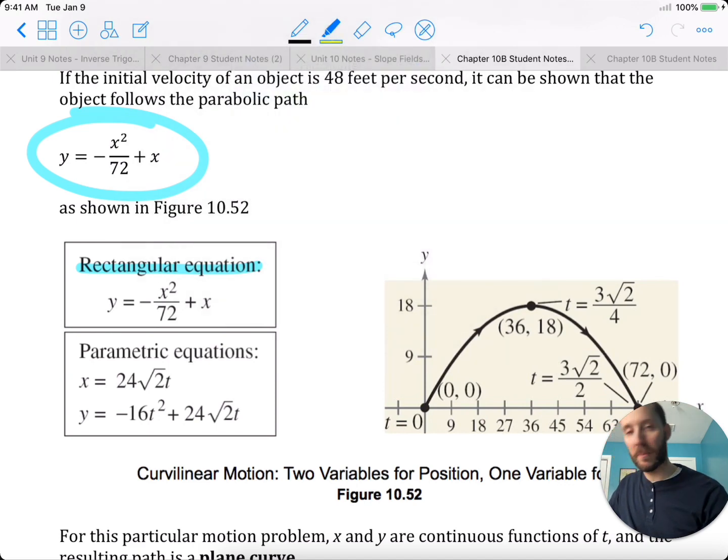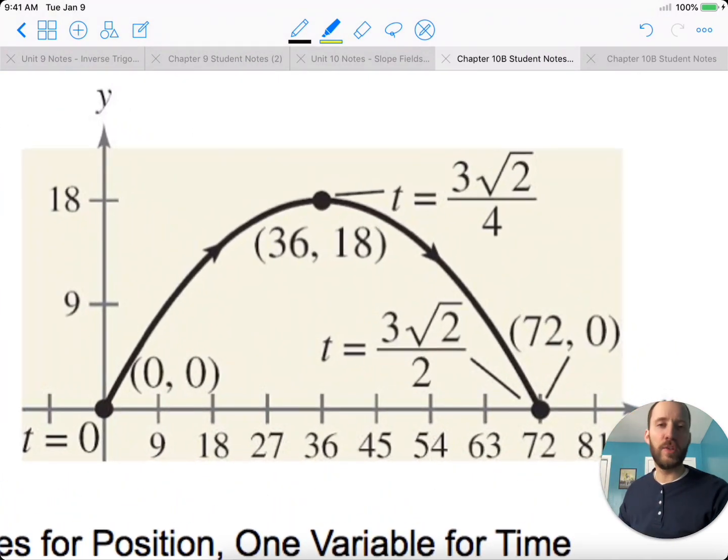The parametric equations, so plural, there's one for x in terms of t, so at this specific time, horizontally, this is our position. At this specific time, vertically, this is our position. And these two x and y equations can combine together to give us a parabola that we know and love, like we would have had in rectangular form.